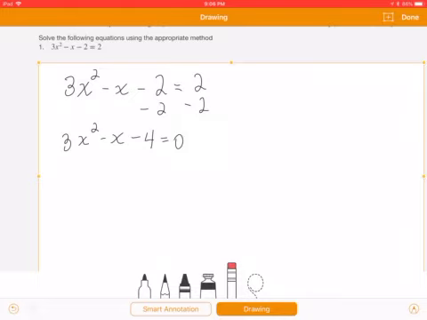So to show that it factors, they would go through this process.